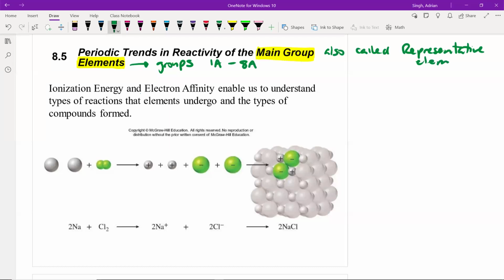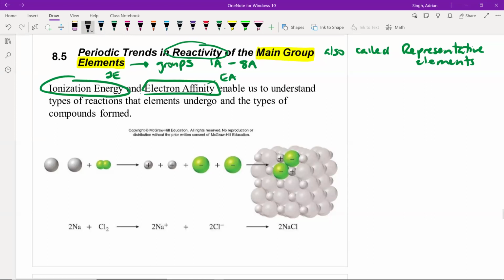And what's going to be key to our understanding of the reactivity, so this concerns the chemical reactions that they undergo, are 2 properties: the ionization energies, so that's the IE, and the electron affinity, which is the EA, right? So as a quick reminder, the ionization energy is a measure of the amount of energy needed or required to remove an electron from an atom in the gas phase.